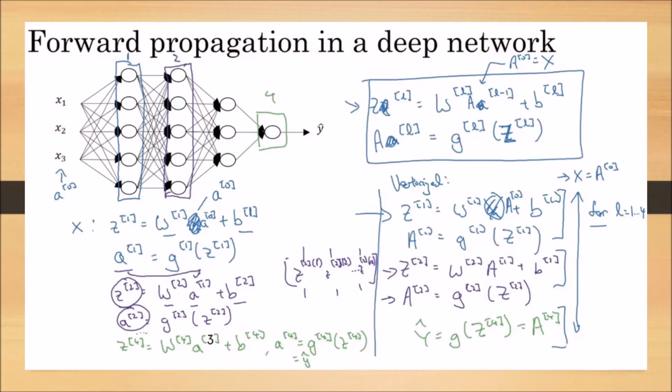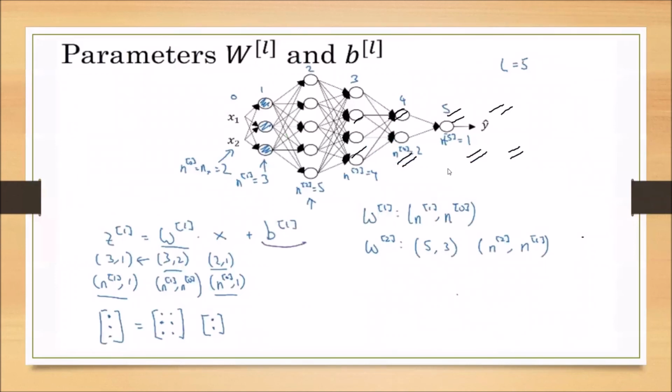So in the final point, this is the general notation for the vectorized version. We write Z superscript L equal to W^L times, instead of small a, now capital A^(L-1). A superscript L is equal to G^L of capital Z superscript L. This is how we proceed with forward propagation. Now we have discussed elaborately how to proceed in forward propagation. Now we are discussing some parameters.